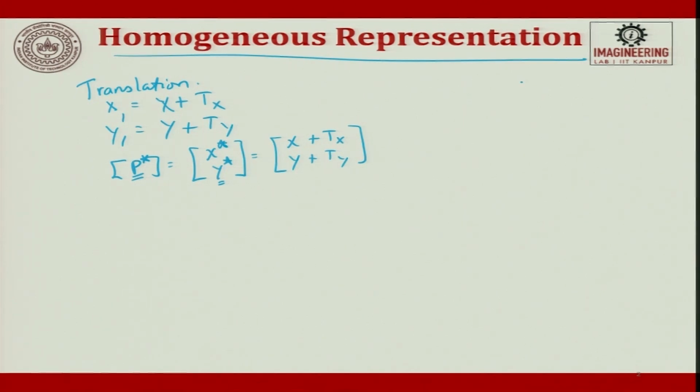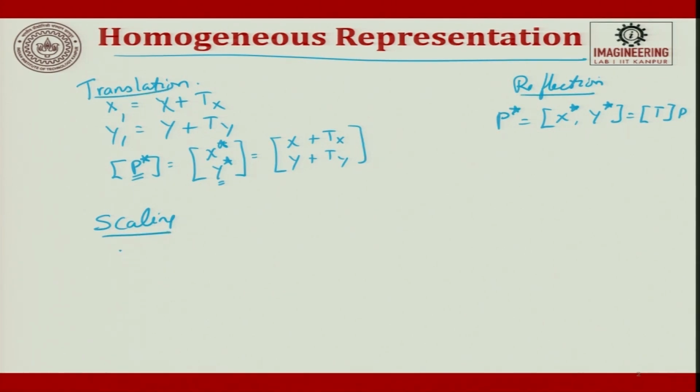When we try to do reflection, P star, x star comma y star, can be written as the transformation matrix into P. When we talk about scaling, P star equal to x star comma y star, which is nothing but Sx into x, comma Sy into y.